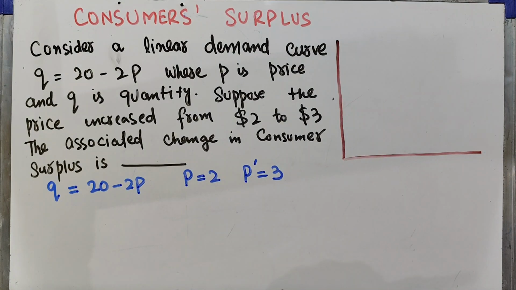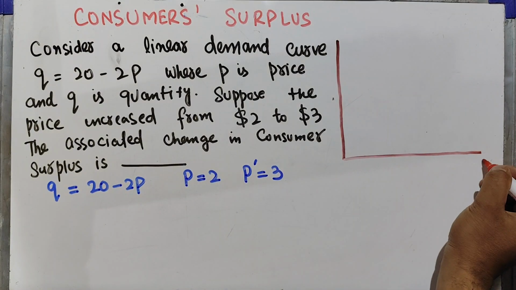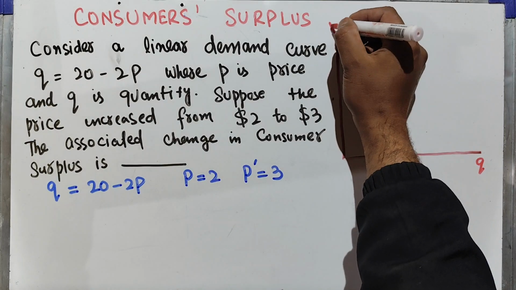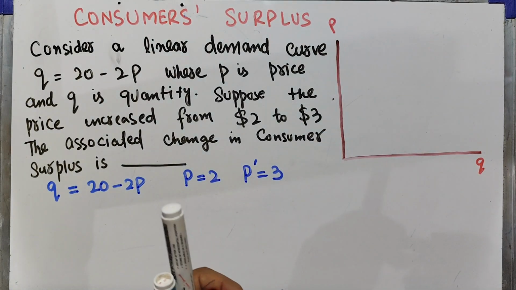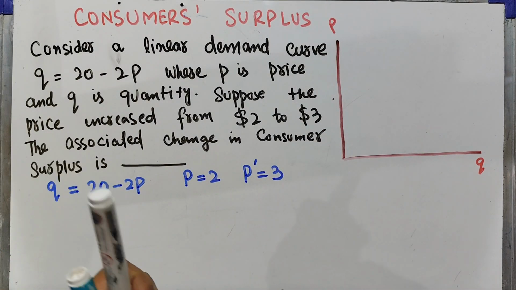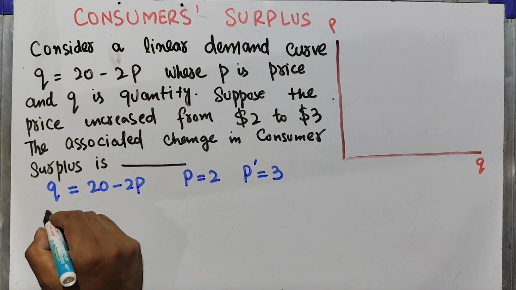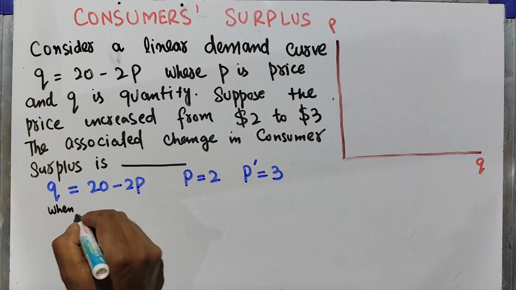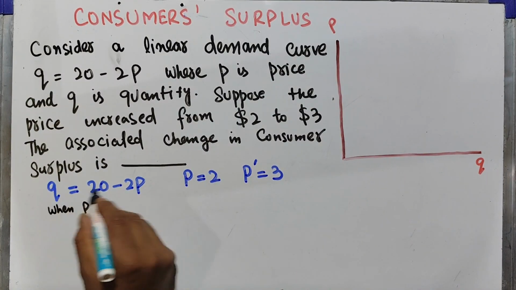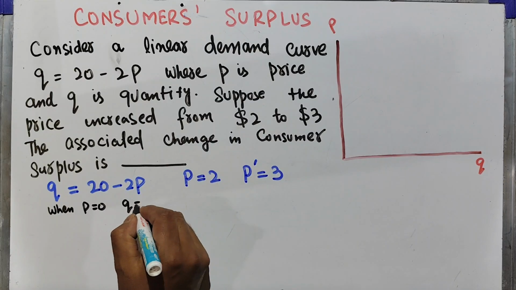So we have quantity on the horizontal axis, price on the vertical axis. Solving this equation, when P is equal to 0, Q will be equal to 20.